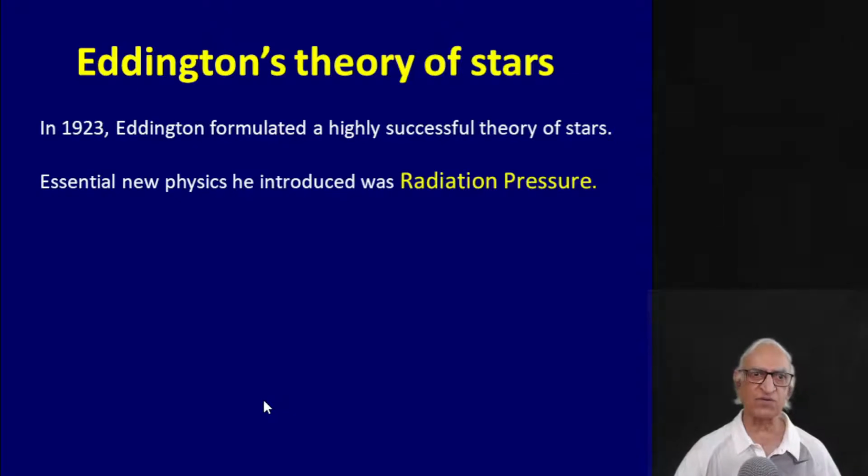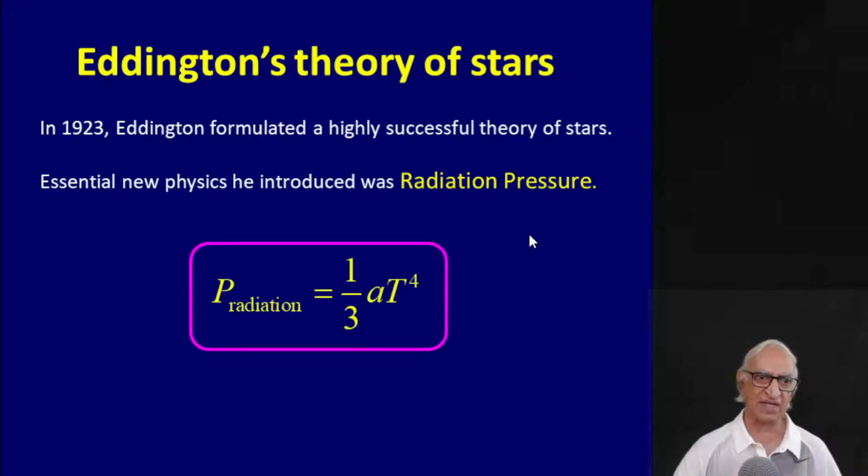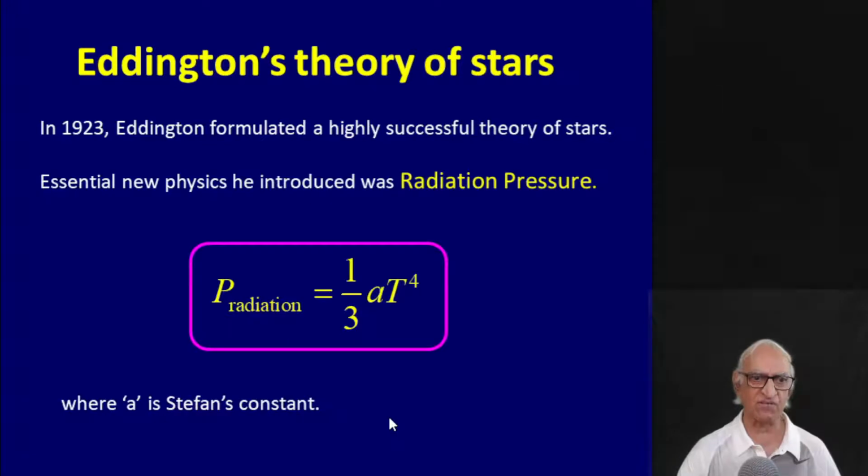The essential new physics that Eddington introduced was radiation pressure. We will see that in more massive stars, which become neutron stars, black holes, and so on, radiation pressure is far more important than gas pressure. And radiation pressure is to be calculated according to the law 1/3 a T to the power 4, where a is Stefan's constant.